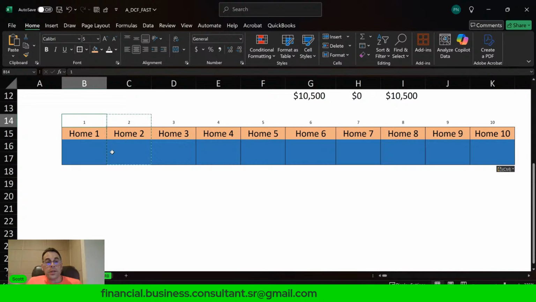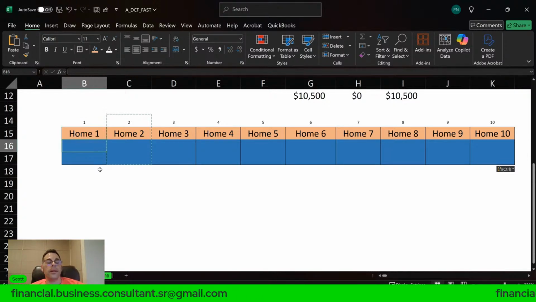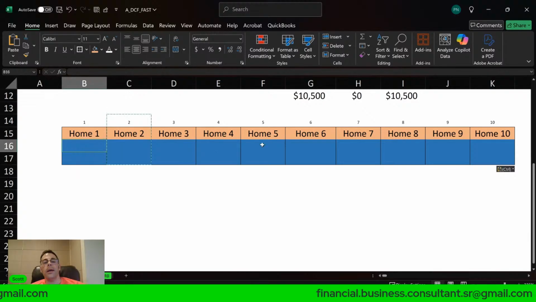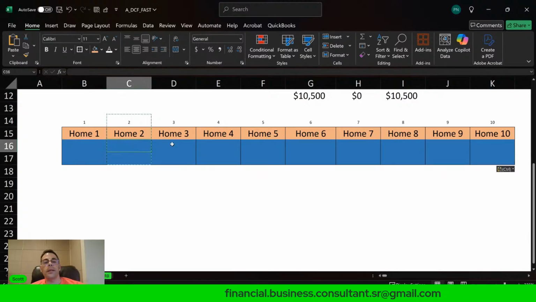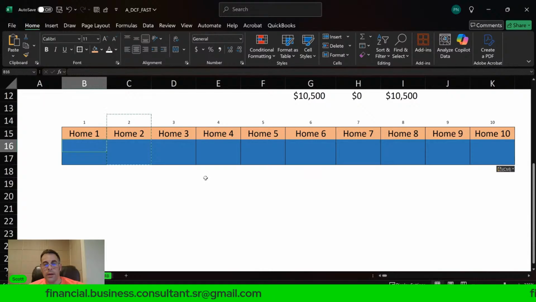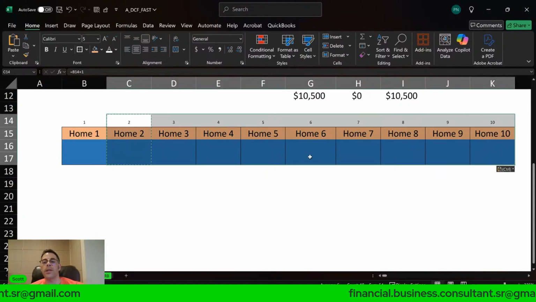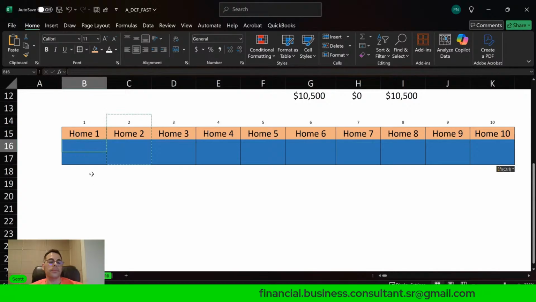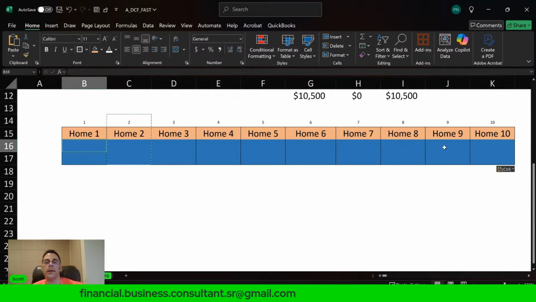Okay, so let's say there's a street, right? And you live in home one, and these other 9 homes, let's just pretend a wealthy Chinese person bought these 9 homes as an investment and just didn't do anything with it. So you're the only one living on this block.